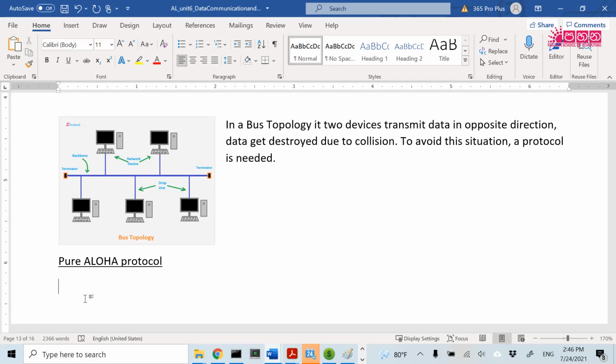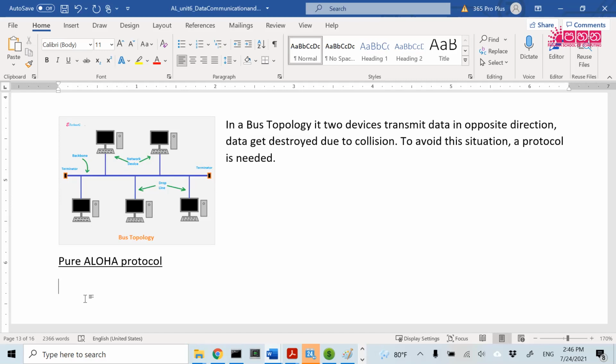There are two types of protocol. One is called pure aloha. The other one is called slotted aloha. In pure aloha, the time is continuous, so whenever you have a frame, it will send the frame.